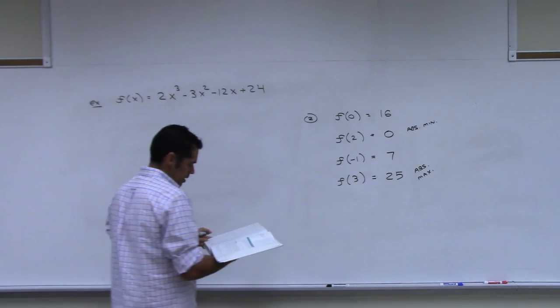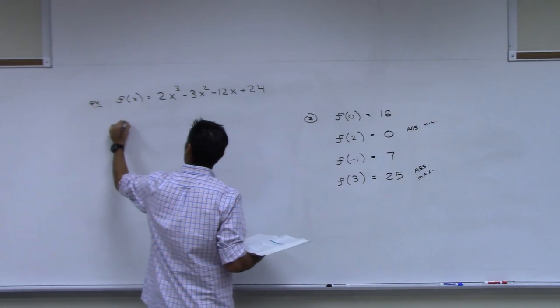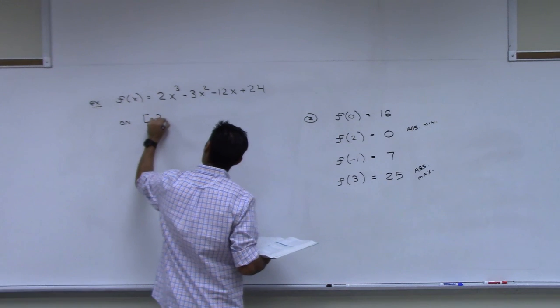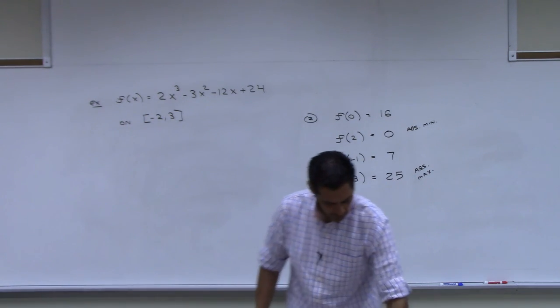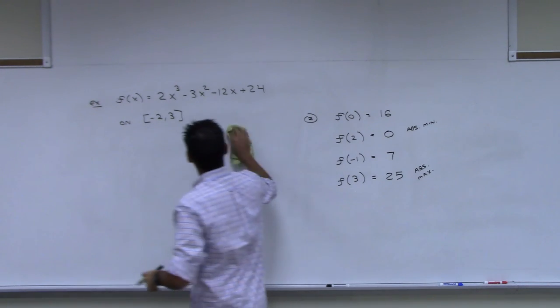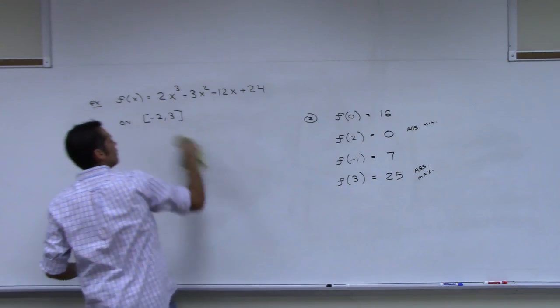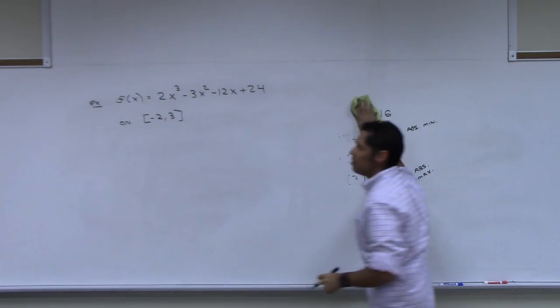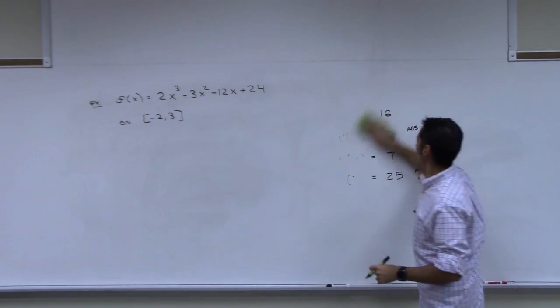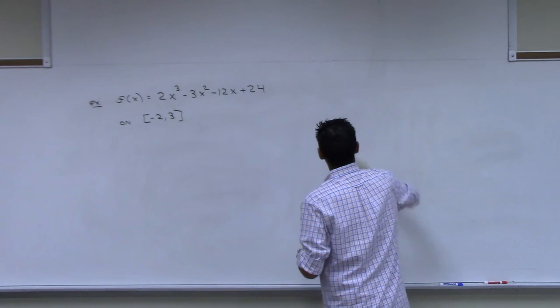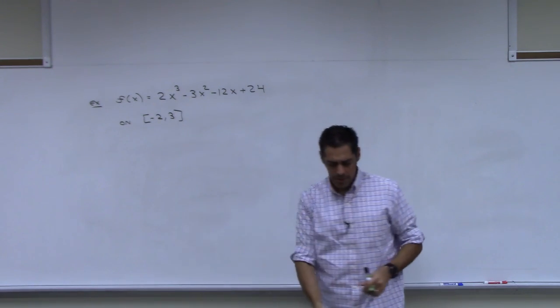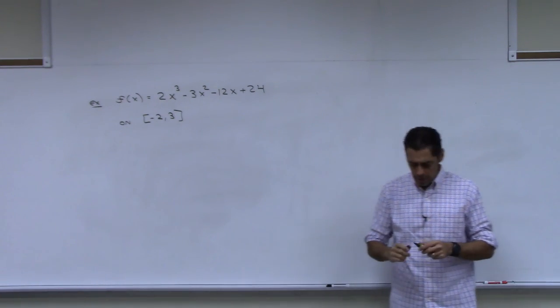So I'll just give you one of these. How about on -2, 3? You know what you need to do? Yep, okay, go ahead. When you have the answer, raise your hand. I'll come by and take a look, see if I concur.